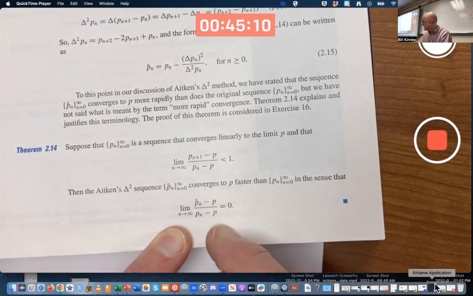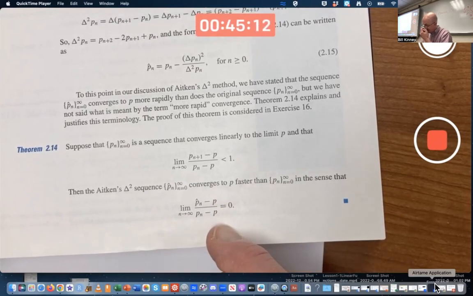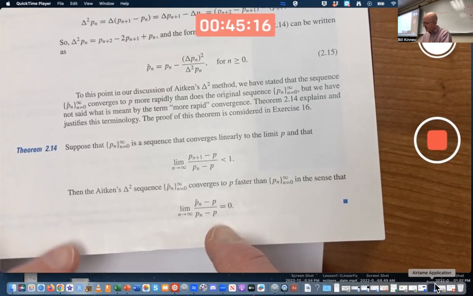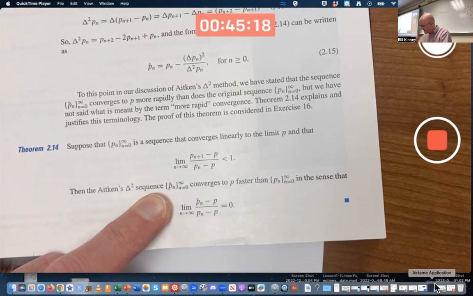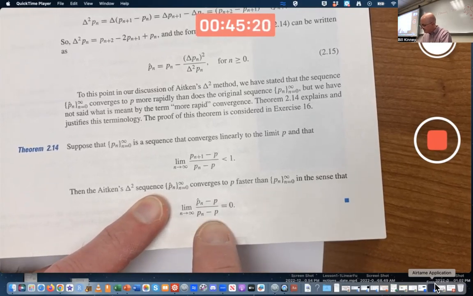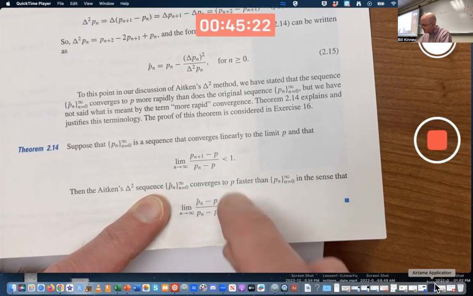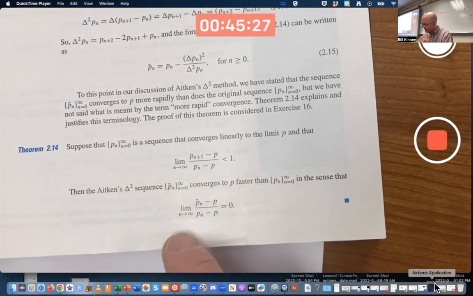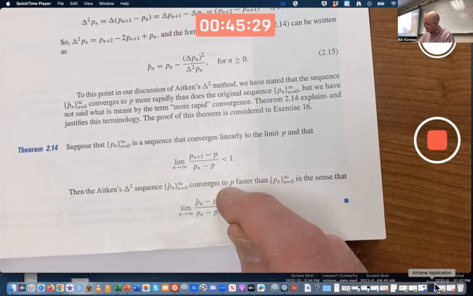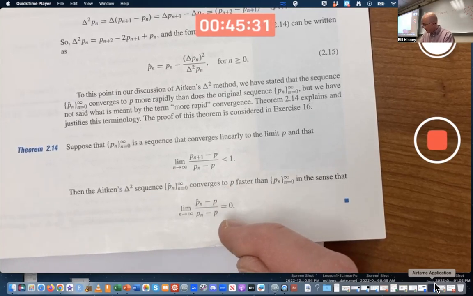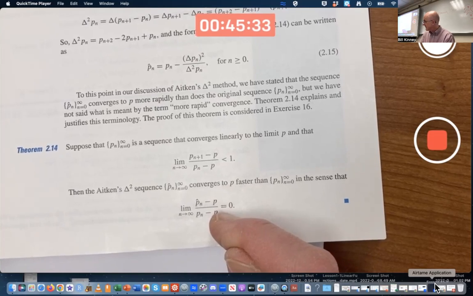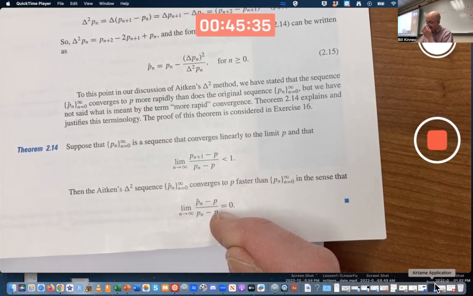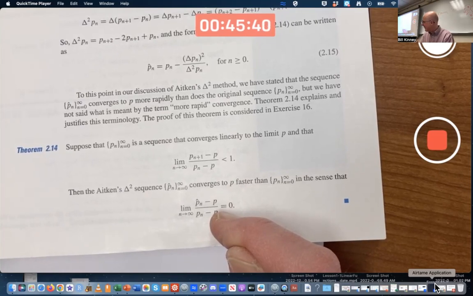Both the top and the bottom are going to 0, by the way, because I'm assuming Pn is going to P, and at least if the theorem is true, Pn hat is also going to P. Both of these numerators and denominators are going to 0. But because the limit of the fraction is 0, the top is going to 0 somewhat faster than the bottom, intuitively. But not enough, evidently, to imply necessarily quadratic convergence.